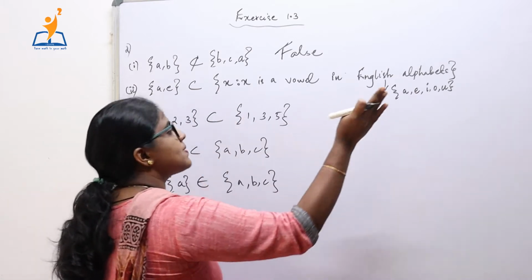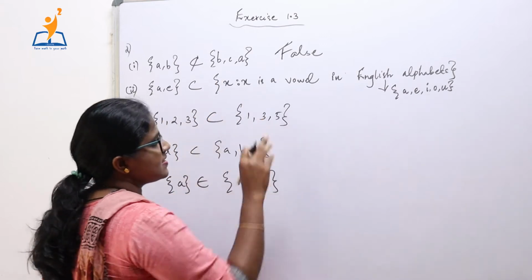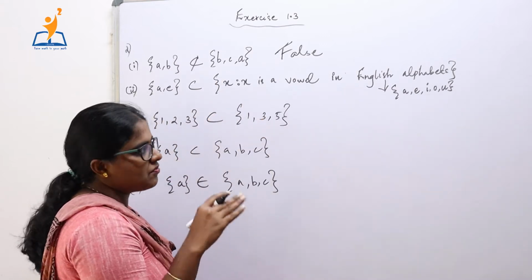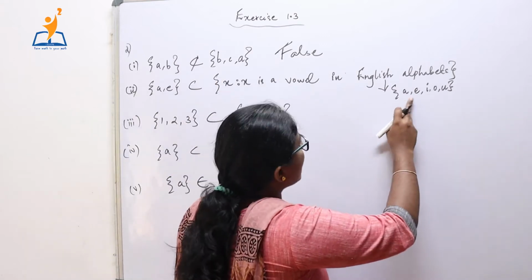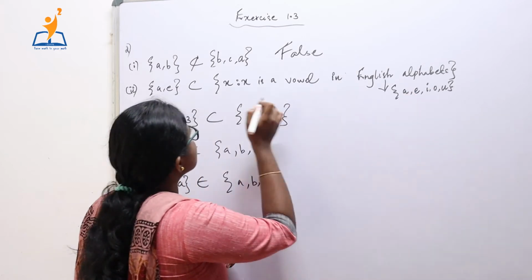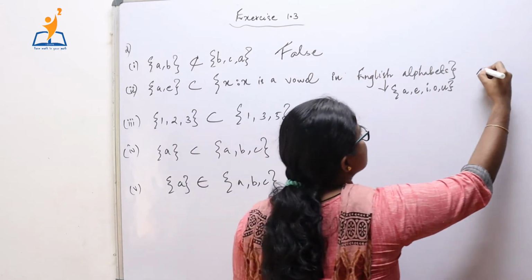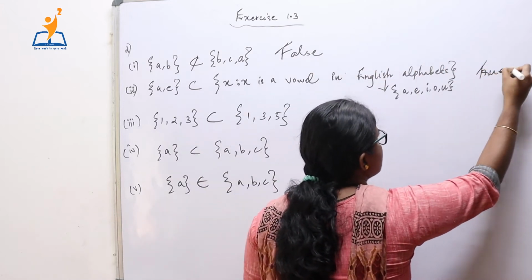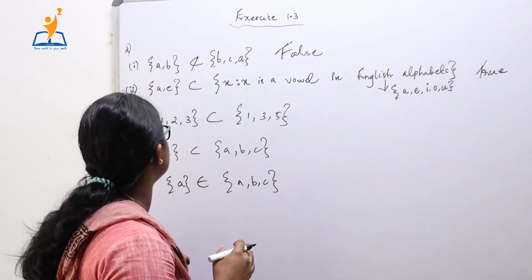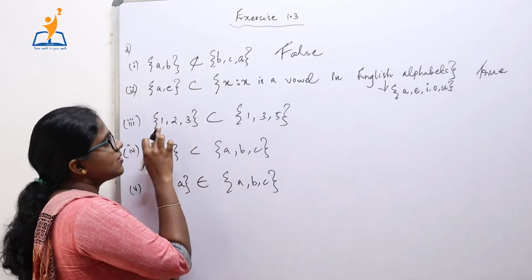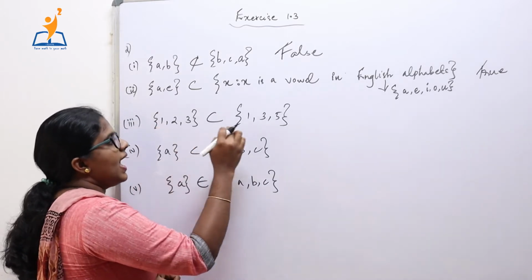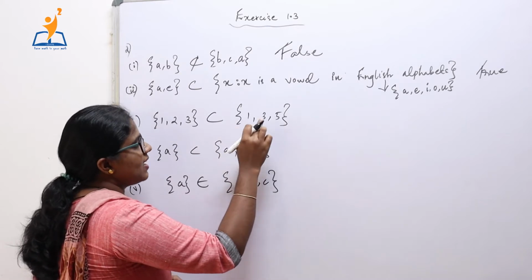If A and E are present here, we can say that this is a subset, and hence the statement will be true. So here we have A and E, so we can say that this is a subset of this set. So the statement is true here. Moving on to the next question. Here we have the set 1, 2, 3, and here we have the set 1, 3, 5.